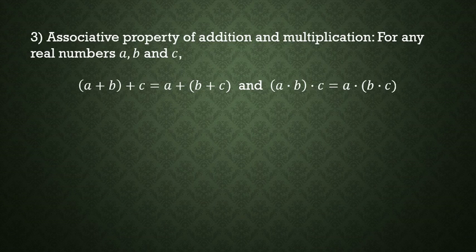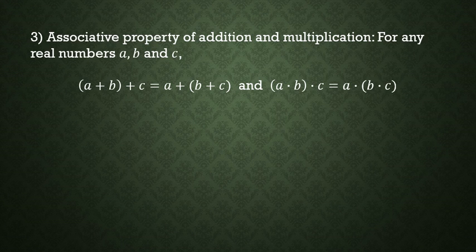The third property, the associative property of addition and multiplication. Associative property basically says if you're taking the sum or the product of three numbers, whichever ones you add or multiply first really does not matter.